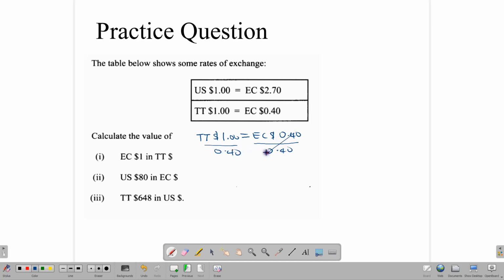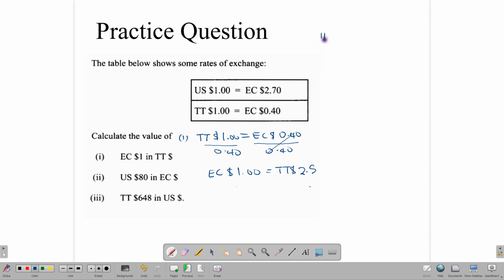And that will give you 1 EC dollar, 1 divided by 0.4 is going to give you TT dollar 2.5. All right. So for every 1 EC dollar you exchange, you end up with $2.50 Trinidad dollars. That's part 1 of the question.